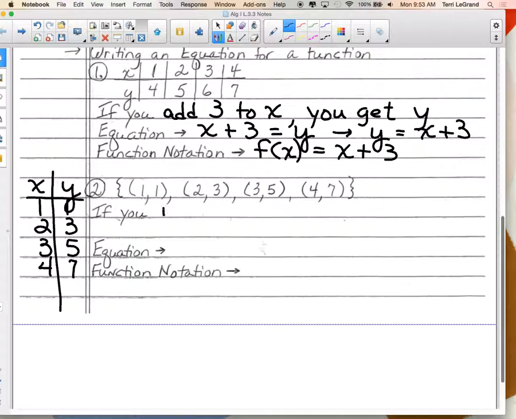So if you multiply x by 2 and subtract 1, you get y.